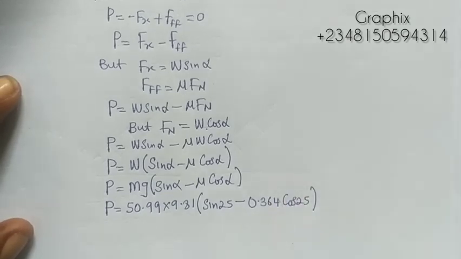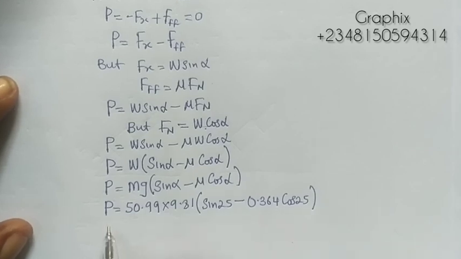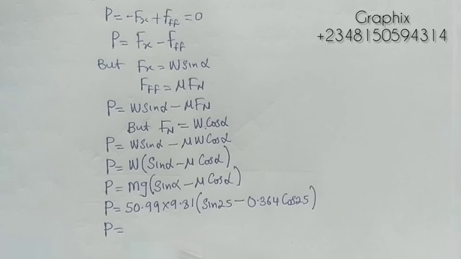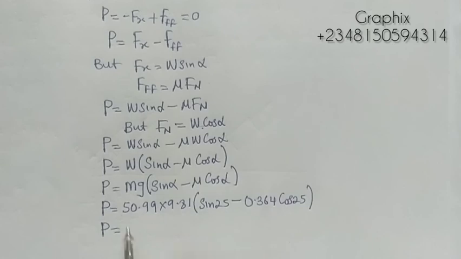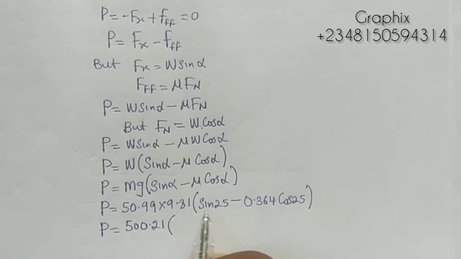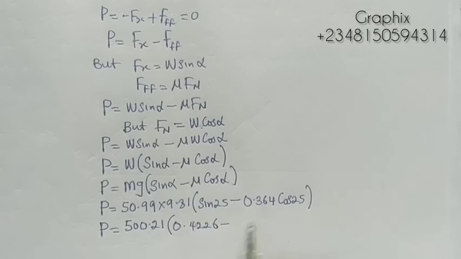So P will be 50.99 times 9.81, which gives 500.21, into bracket sine 25, which is 0.4226, minus 0.364 cos 25, which is 0.33.